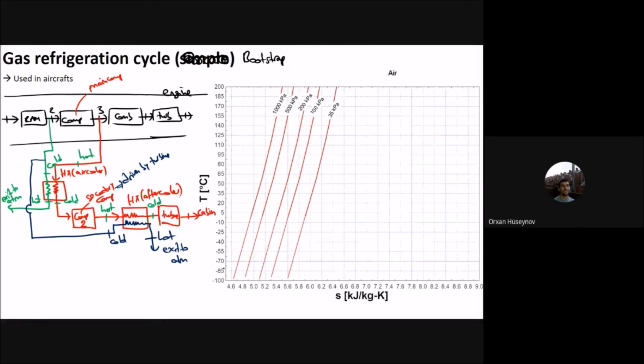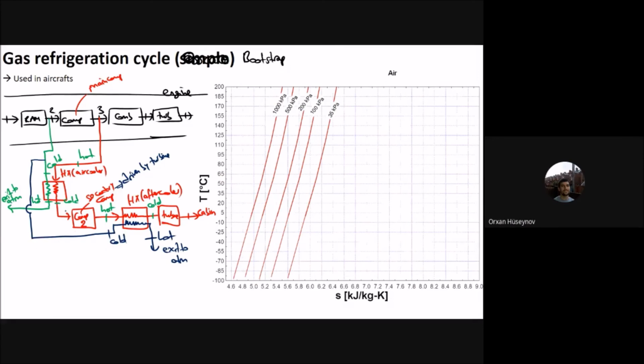Okay, so let's put some numbers here. I have the 2 value here, I have the 3 value here of the air cooler, and then I will use a different color.